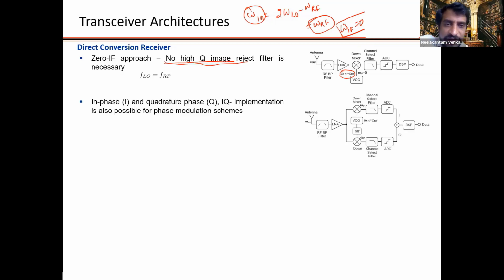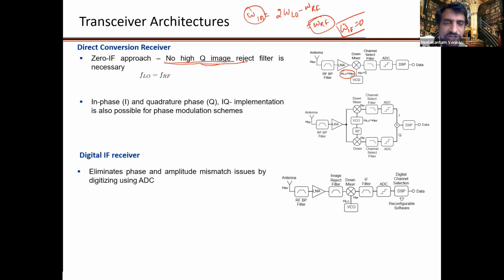So again, you can have in phase and quadrature phase representation. And more importantly, these days, what you're seeing is a digital IF receiver, where once you have this IF frequency, you are having an analog to digital conversion. Instead of converting to baseband after IF, you're directly going to the digital domain using an ADC, analog to digital conversion.